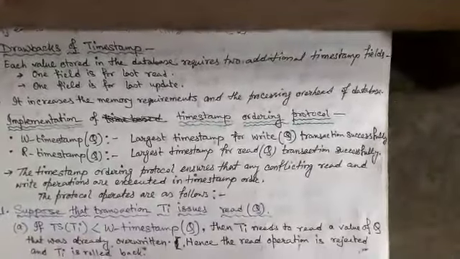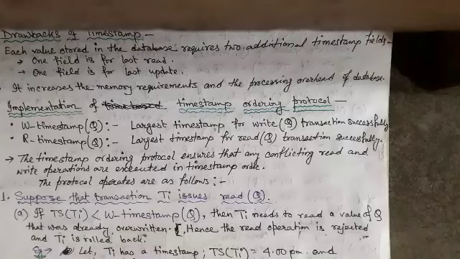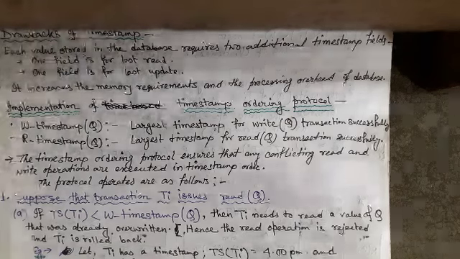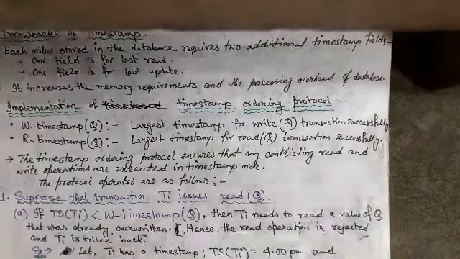Now, how do we implement the timestamp ordering protocol? There are two keywords. One is W timestamp of Q, which is the largest timestamp of any transaction that executed write Q successfully, and the other is R timestamp of Q, the largest timestamp of any transaction that executed read Q successfully.